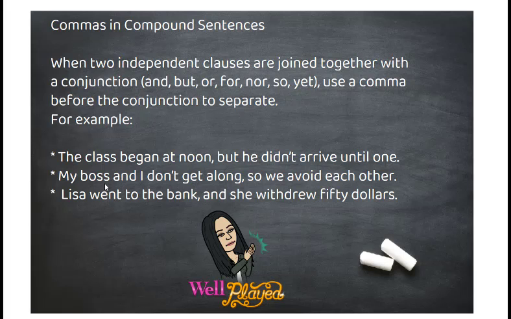The word and is combining not sentences but nouns: boss and I, in this case a pronoun. It's not combining sentences. The moment it combines two complete sentences, that is where we put the comma and the conjunction next to it. Very similar to this sentence: Lisa went to the bank and she withdrew $50.